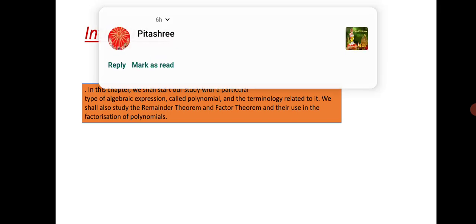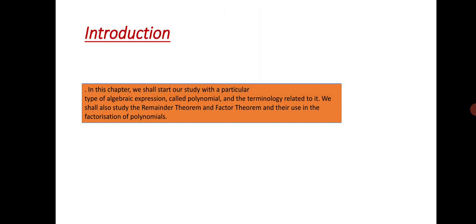We will now go to the studies. Introduction. In this chapter, we shall start our study with a particular type of algebraic expression called polynomial and terminology related to it. We shall also study the remainder theorem and factor theorem and their use in the factorization of polynomials.